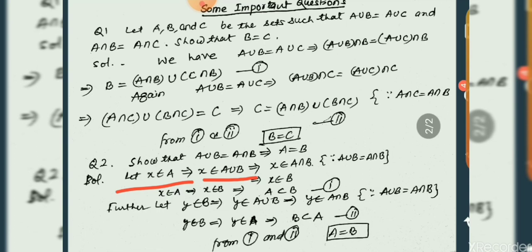Now this implies X belongs to A intersection B. Why? Because it is given A union B is equal to A intersection B. So we can write A intersection B in place of A union B.